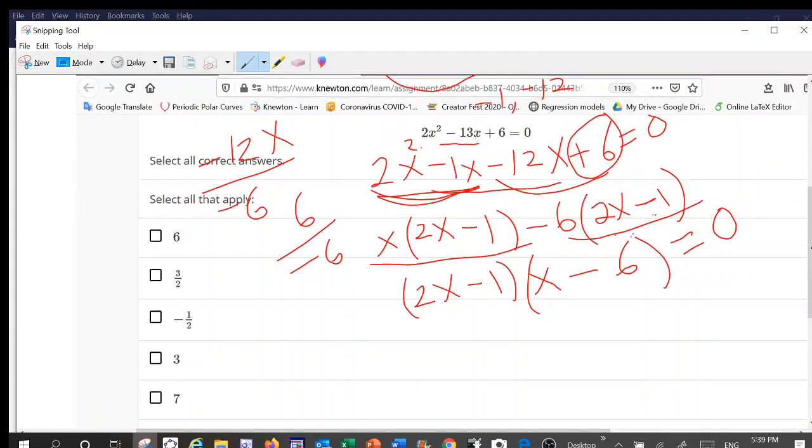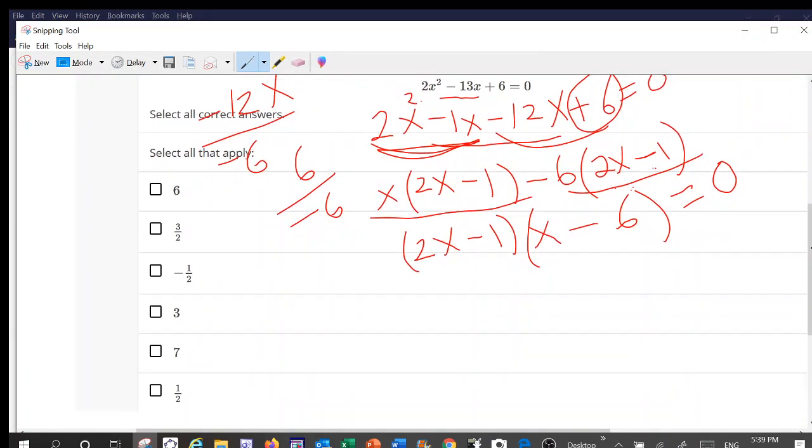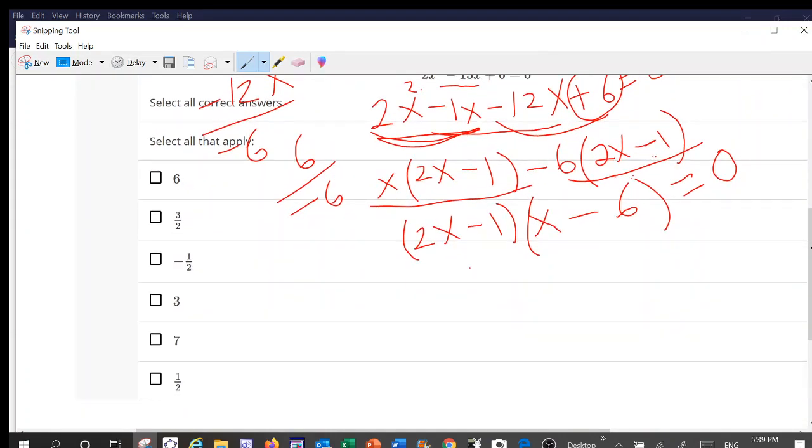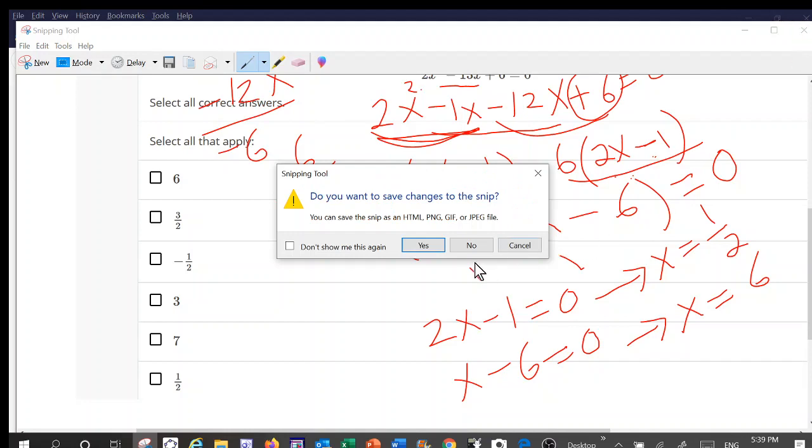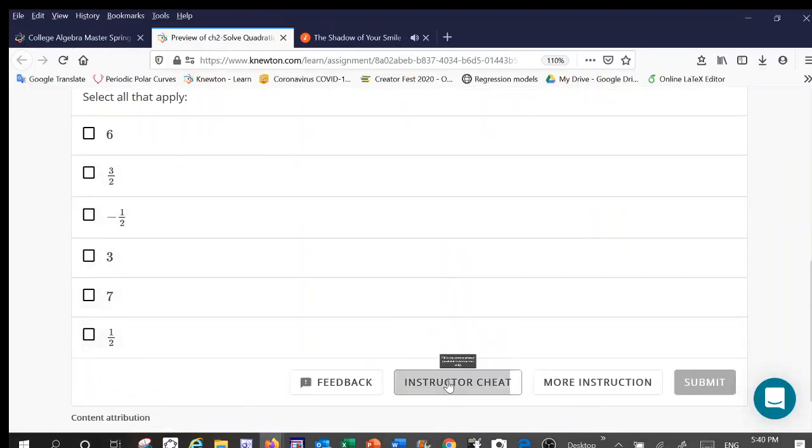So now we can say, in order for this times that to be 0, either 2x minus 1 is 0 or x minus 6 is 0. So from here, x is 1/2, and from here, x is 6. All right, so the answers are 6 and 1/2, as you see right there.